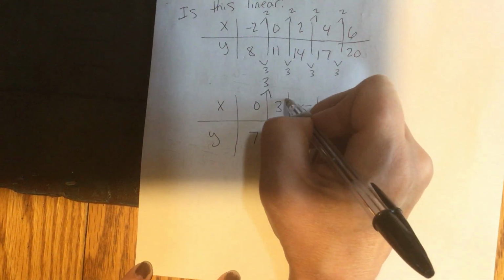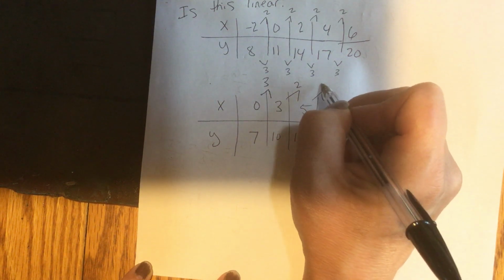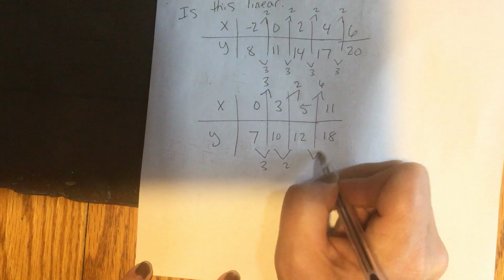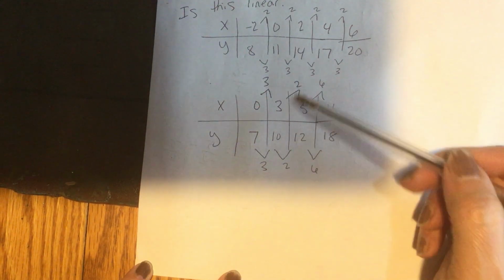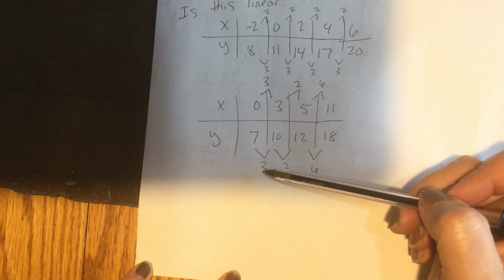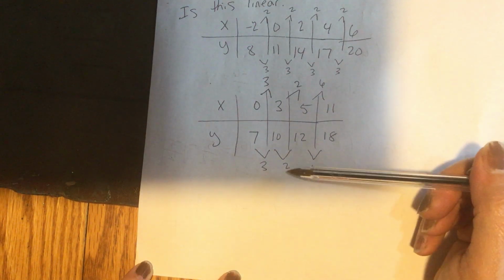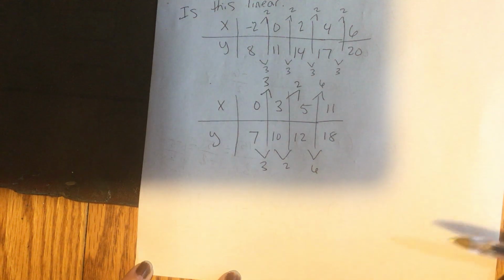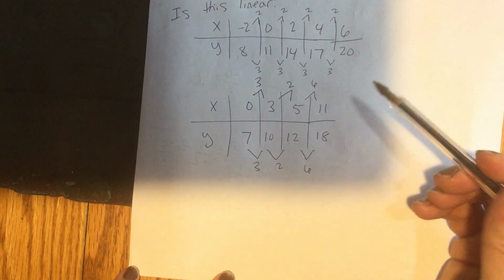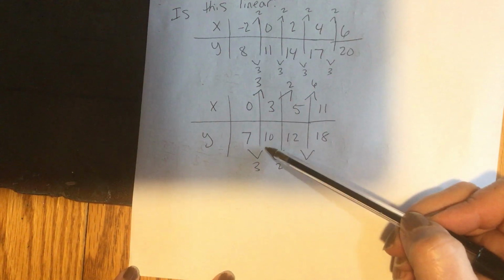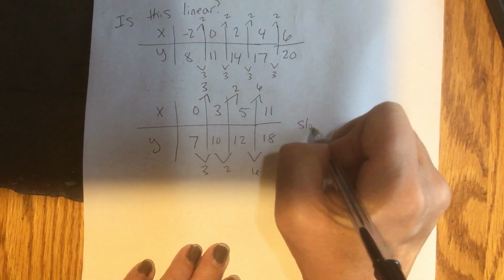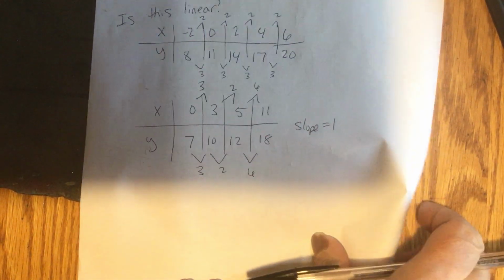So I go up 3, I go up 2, I go up 6. I go up 3, I go up 2, I go up 6. So in this case, it's exactly the same. So my ratio here is 3 divided by 3, 2 divided by 2, 6 divided by 6. So the slope is the same. The slope is 1. My change in y is 3, my change in x is 3, so my slope is 1.